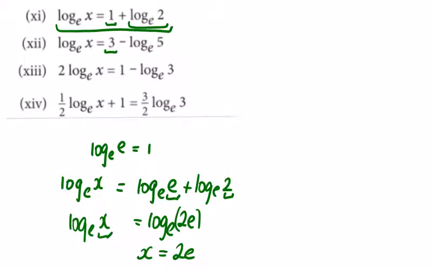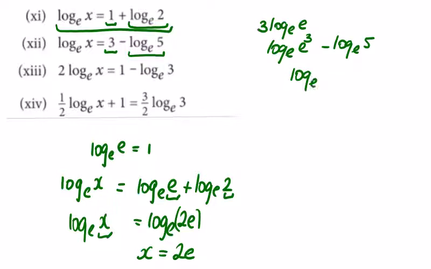And similarly in the next one, 3 is going to be 3 by the log of e to the base e, which is log of e cubed to the base e. And then we bring in minus log to the base e of 5, which is going to be log to the base e of e cubed over 5, equal to the left hand side, log of x to the base e. So we're going to get x is equal to e cubed over 5.